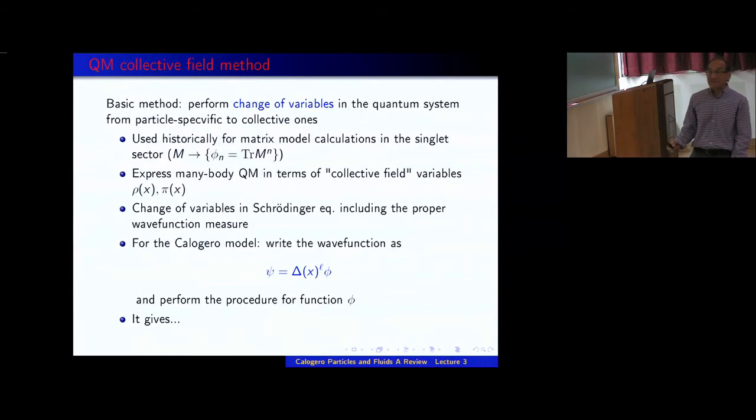When you do that, it's like a big, horrible-looking change of variables, but you can do it, and you need to take into account the fact that when you change variables, your measure changes. So when you write your equation, you have to put the right measure factors to have hermiticity, but all that can be done. It was done for the free fermion case, for instance, by Jevicki, I think.